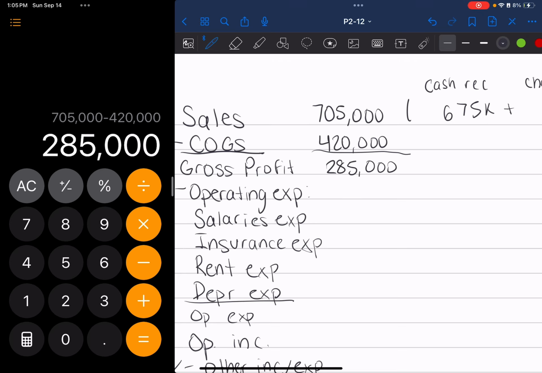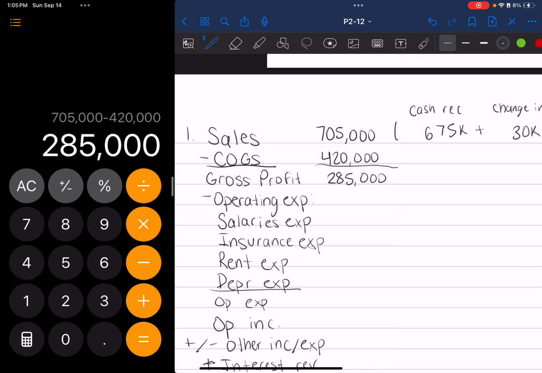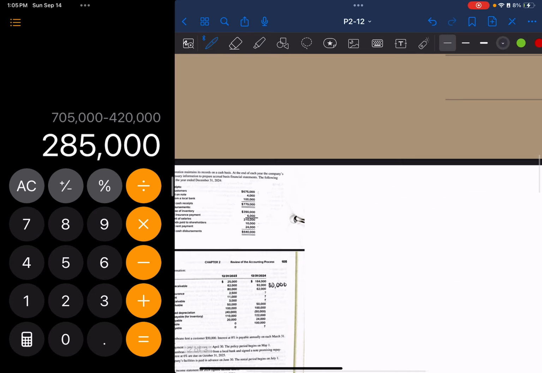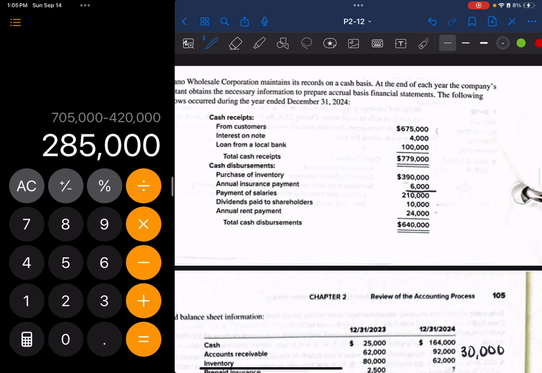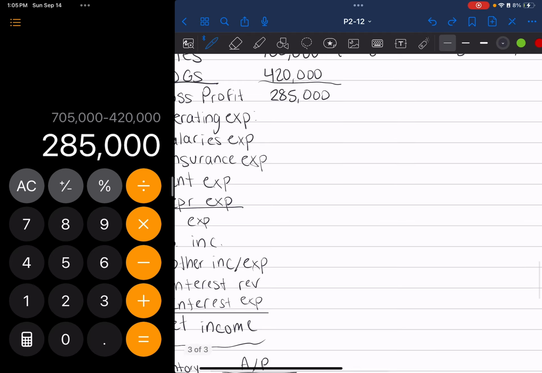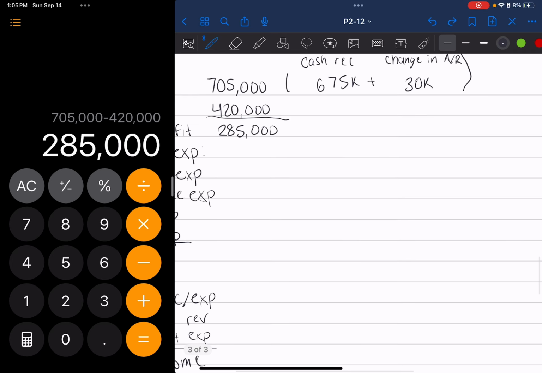Okay, and now for salaries expense, you will need a T account for this, or you need to just think your way through it. We're given that they paid 210,000 of salaries, and so we know that's part of it. So I'm just going to write that here, 210K.